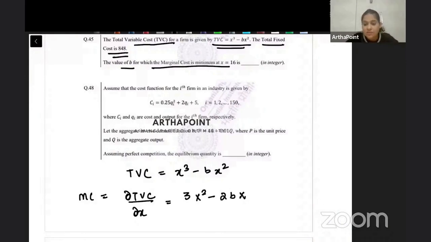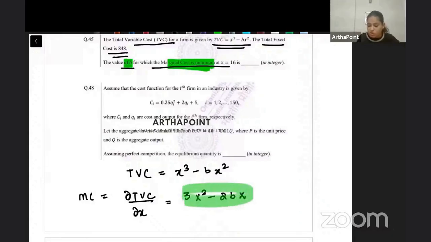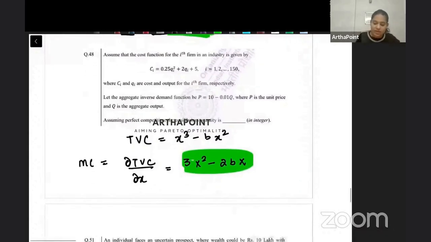This is incorrect. You have only just found the marginal cost. They're asking for which value of B marginal cost is minimum. I have to minimize this. How will I minimize it? Differentiate it again and equate it to 0. So if I differentiate marginal cost again, what will I get?